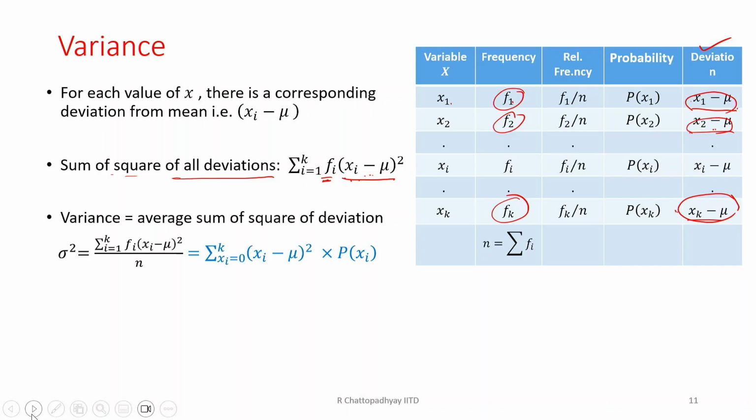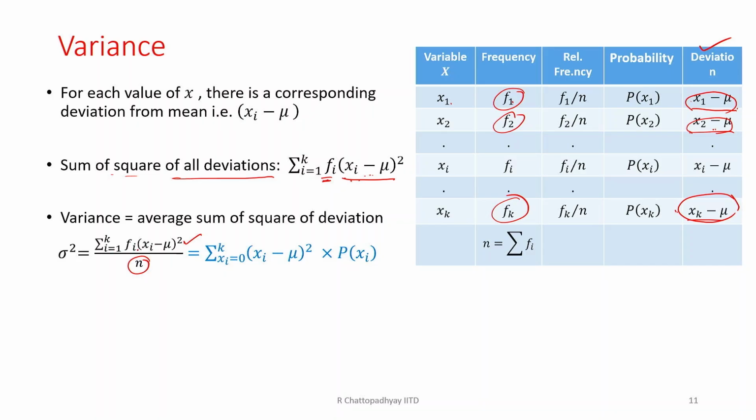And after doing this, we have to find out what is the average. The total frequency is n. So this sum of square of deviations, then we find out the average of that.